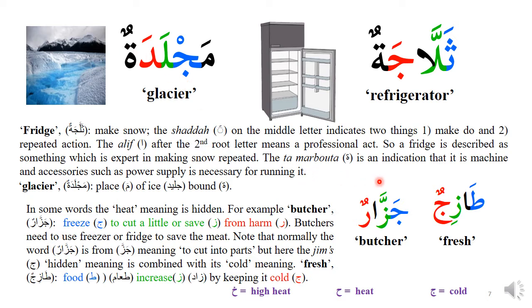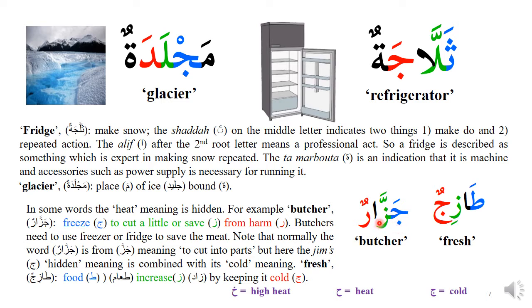And many other words will have this meaning of cold built in if there is Jim. For example, Jazarun, which means butcher, and Tojizun, which means fresh, something fresh. In both these words, the cold is kind of built in.